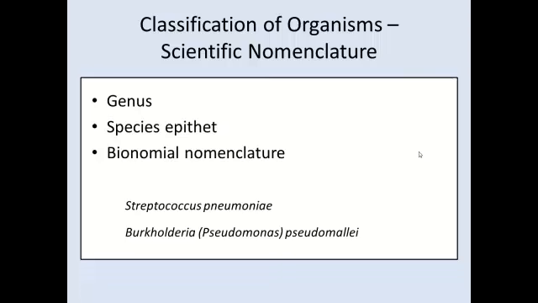So a new genus was created, Burkholderia. But because it was referred to in scientific literature with the genus Pseudomonas, they include that so that you can look back and find research with the previous name.